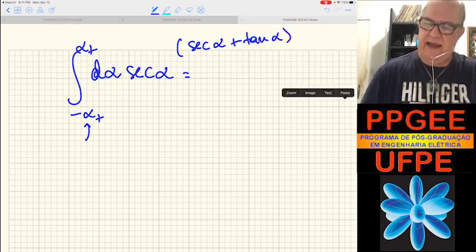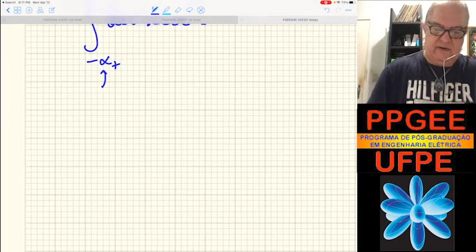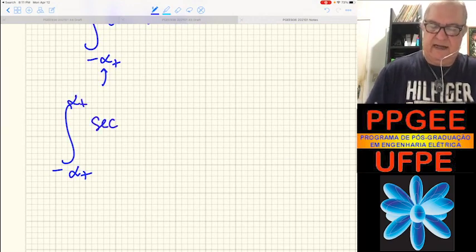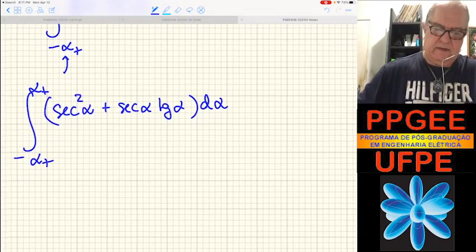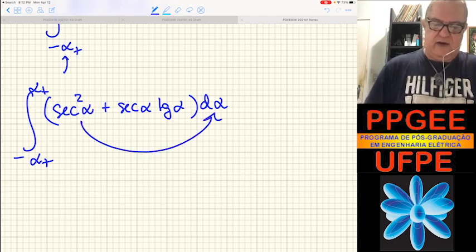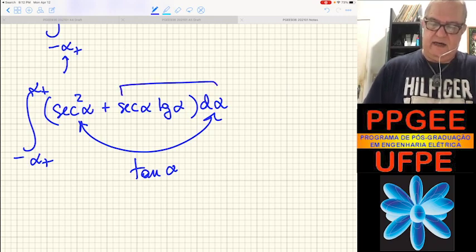If you multiply and divide by this factor, you're going to have the integral of sec alpha squared plus sec alpha tangent alpha, d alpha. This integral here, sec squared, is tangent, and this integral here is sec alpha.